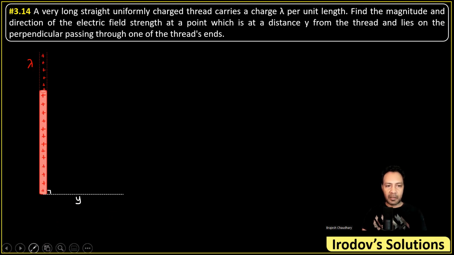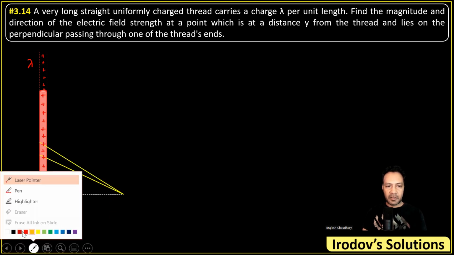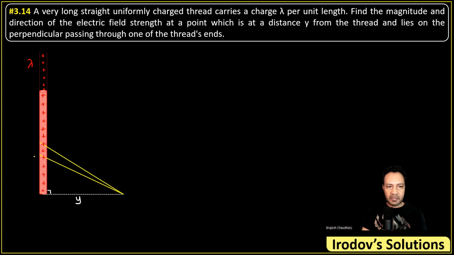So let me take an element of the wire. This element is, say, at a distance z from this end, and the element that I am taking is of length dz.